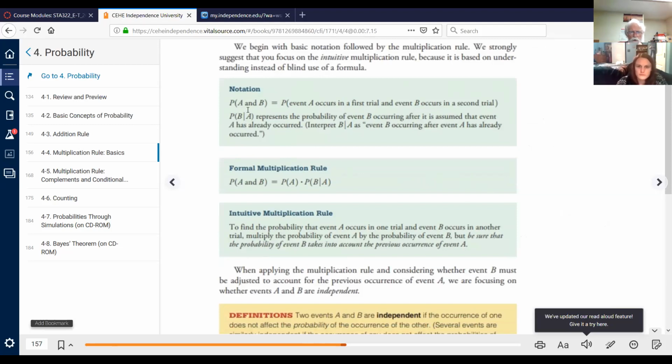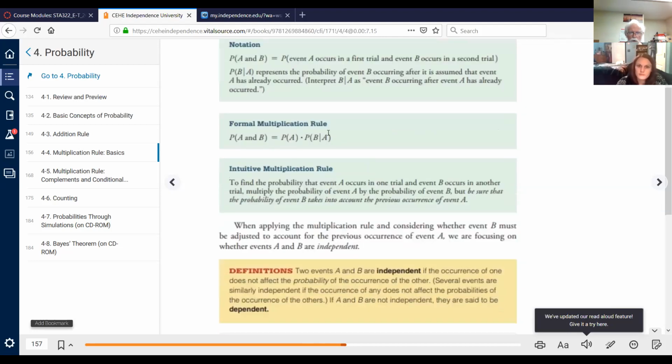Sometimes they use this interpretation with this vertical line, when we look at the probability of B occurring after A has already occurred.